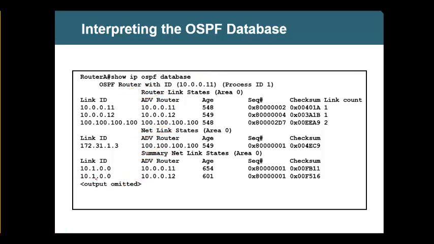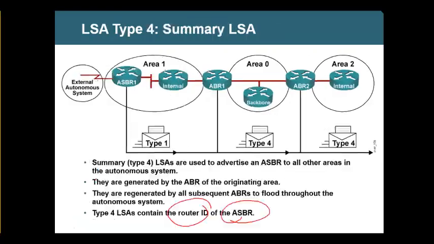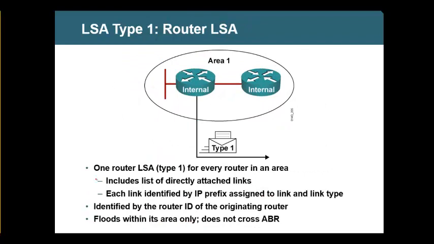So, link advertisements, depending on from where they originate, the name differs. Router LSA is the one which originates from every router in that area. This brings the advertisement for the networks which are inside this area, and these advertisements will not be given to other areas.